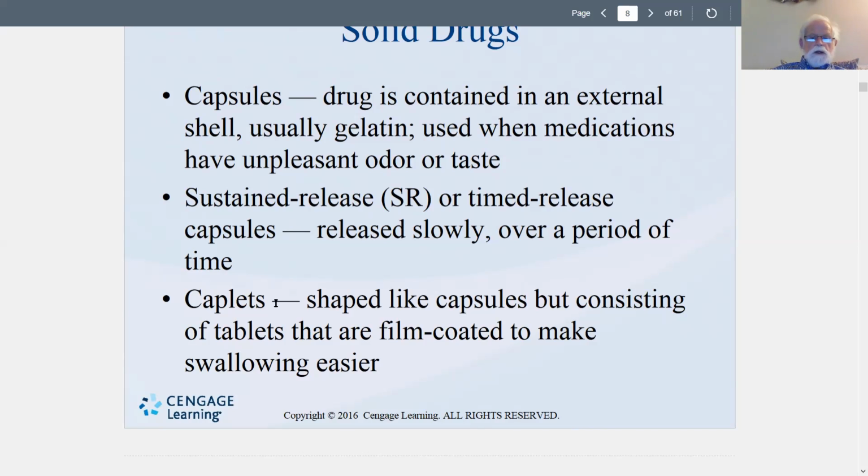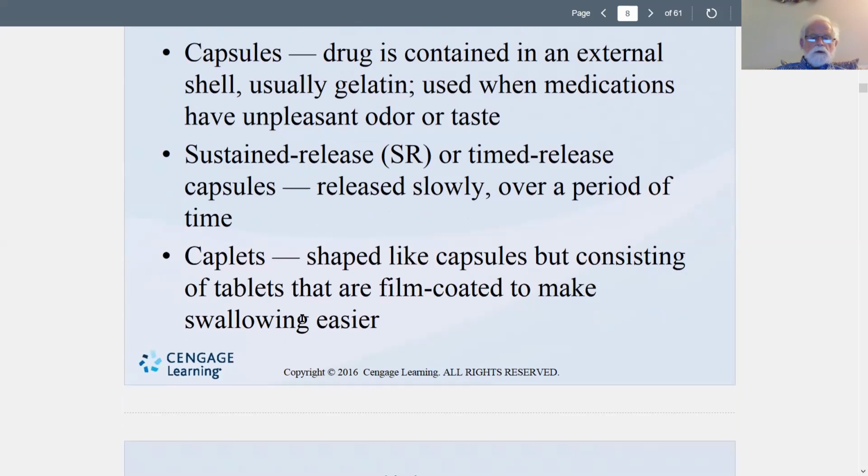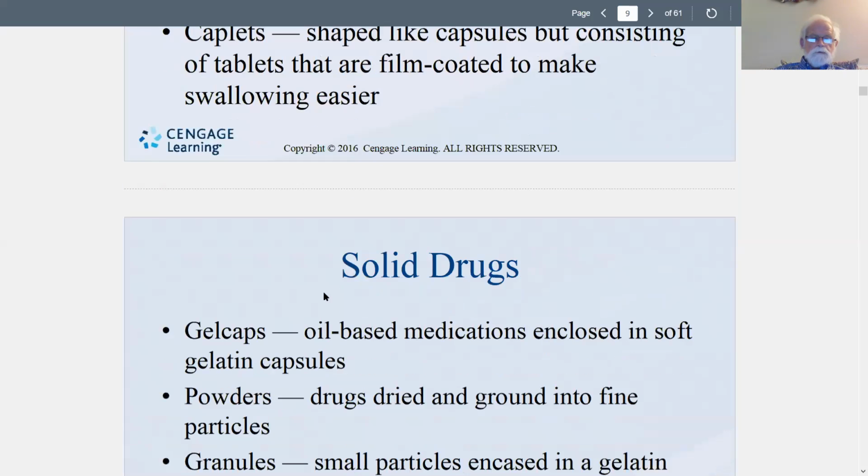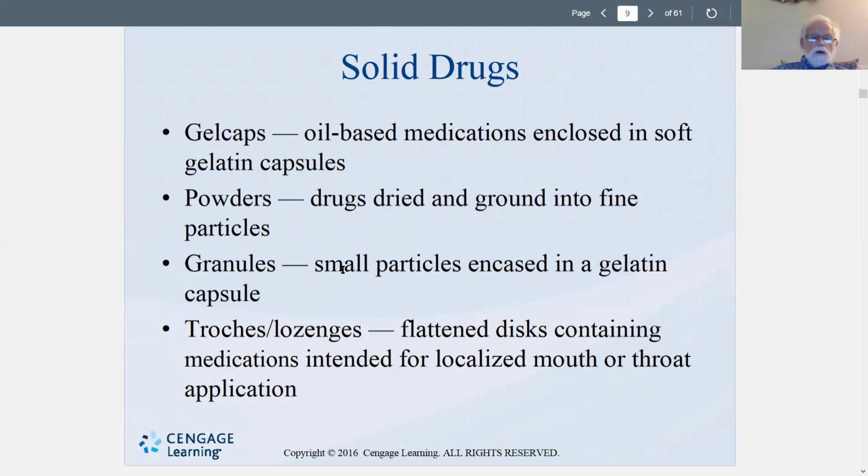We have sustained release, timed release capsules, which means that they release drugs slowly over time. And then we have something that's shaped like a capsule but is a tablet. We call it a caplet. Gel caps, very commonly seen in things like vitamin E, vitamin D, vitamin A, a few fat-soluble drugs that generally are harder to get in.